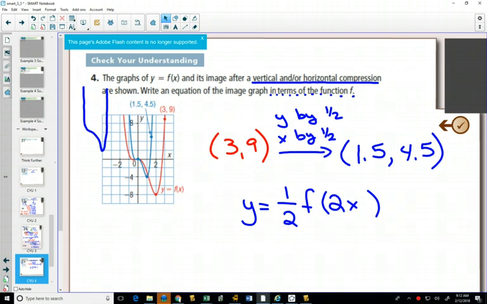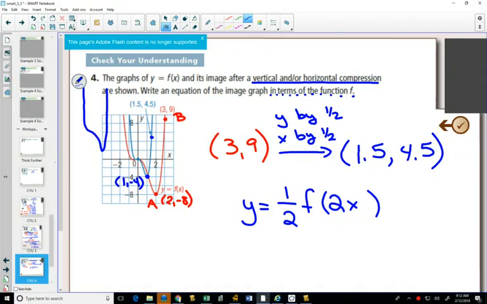But one of the things that we're going to notice is that if we take 2 points, so I've got 3, 9, I'm going to take this point as well, 2, -8. I'm going to call this point A and this point B. The corresponding points on my blue graph are this one at 1, -4, and this one at 1.5, 4.5.